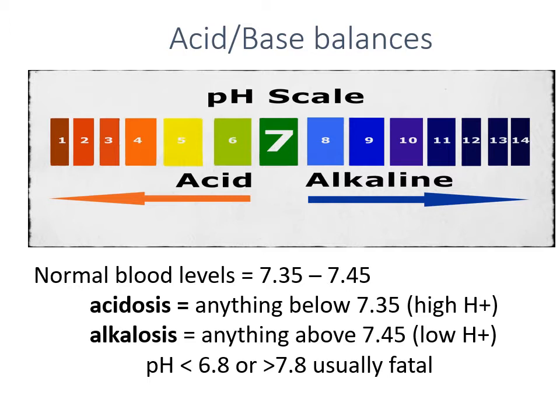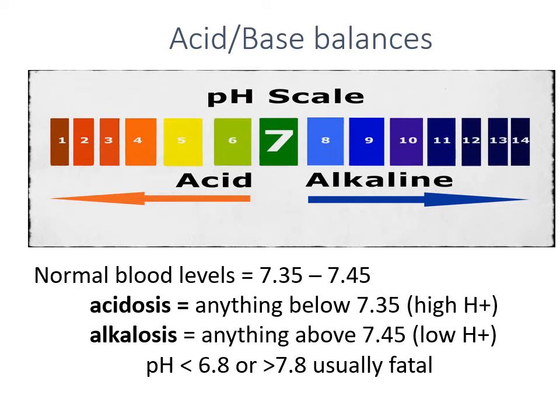So acid base, we measure how acidic something is or how basic something is with a pH scale. And typically your blood has a pH between 7.35 and 7.45.